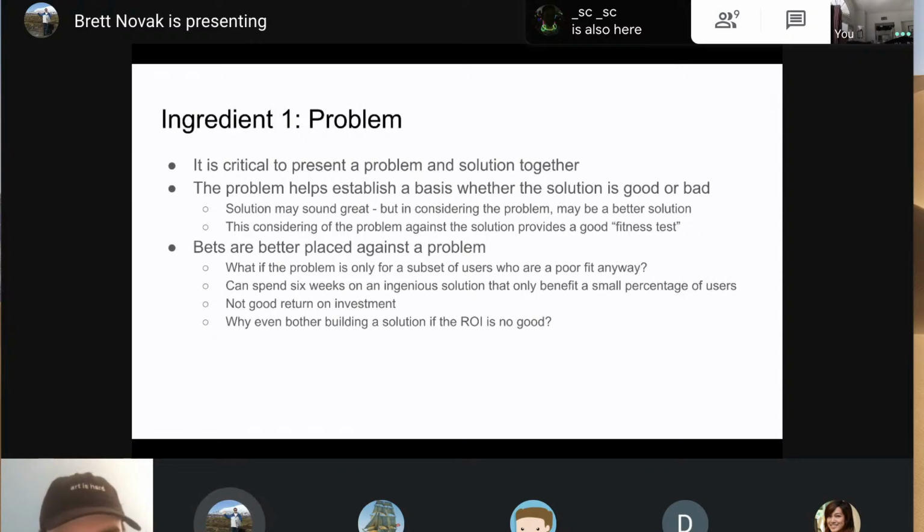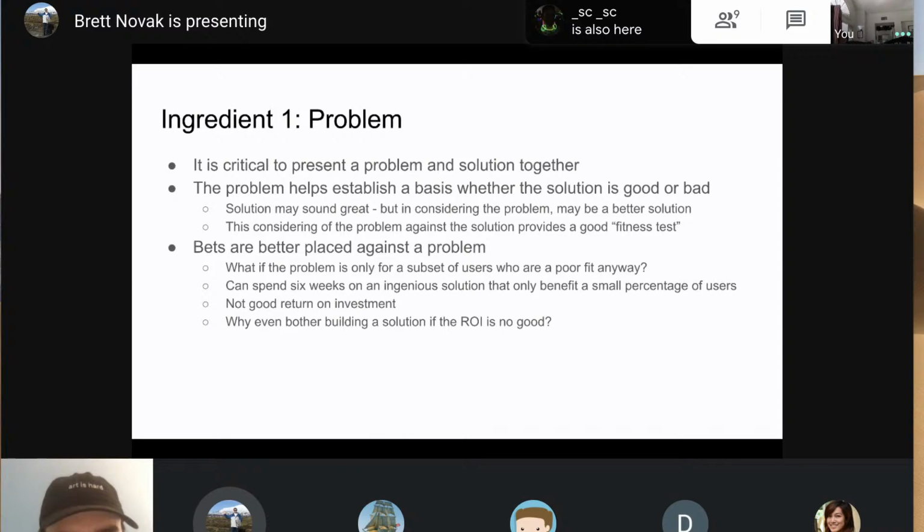If we don't have the problem, we can't give others an opportunity to interject if there's a better solution. So really, we would just be discussing a solution with no context. As simple and obvious as it sounds, as they state in the book, it's pretty easy to forget the problem. So it's worth noting.